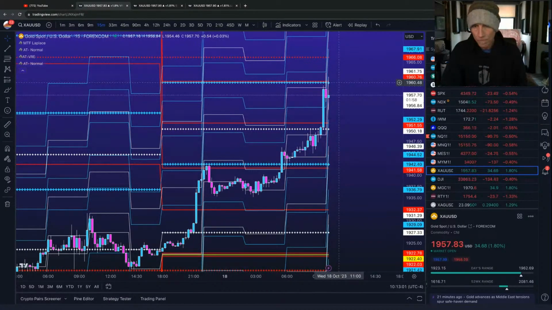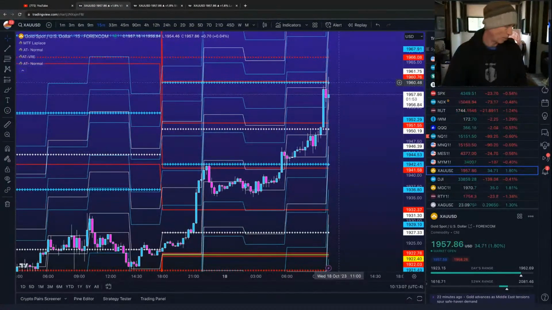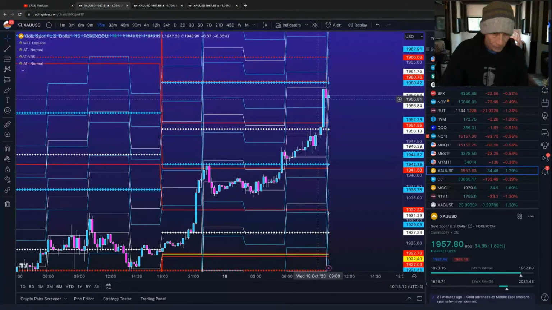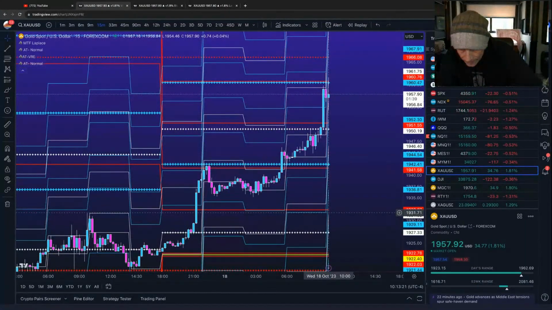So there it is. I would not be long in gold. This is why people buy tops and sell bottoms, because you don't know where these levels are at, especially intraday. Gold's been on a meteoric rise, which it should be. It got absolutely wrecked.